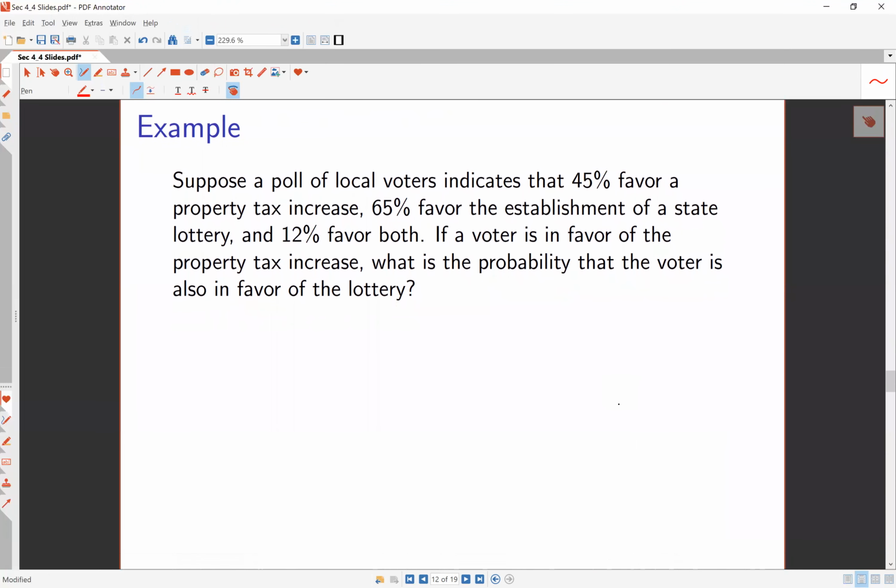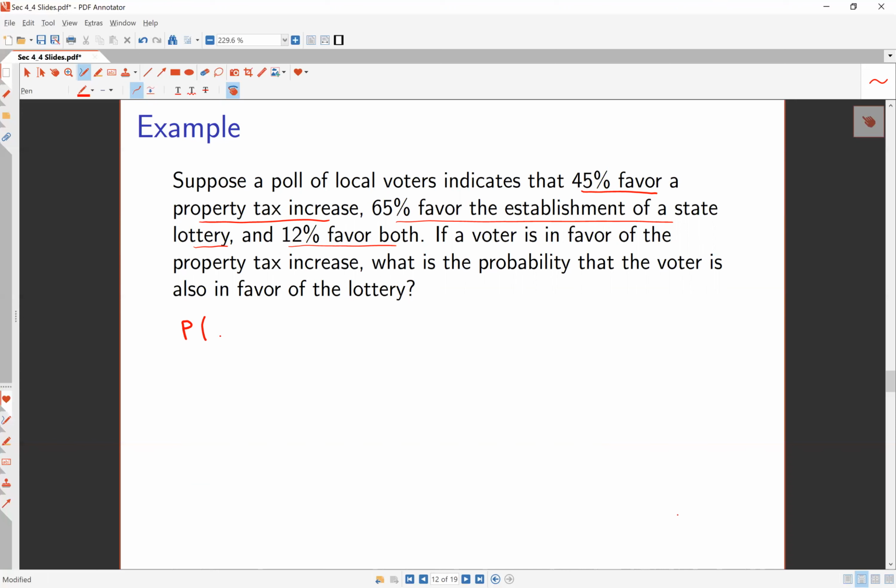So let's look at an example. Suppose a poll of local voters indicates that 45% favor a property tax increase, 65% favor the establishment of a state lottery, and 12% favor both. Let's write down that information first.